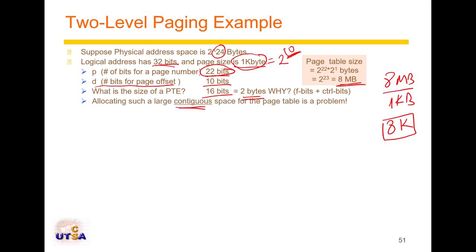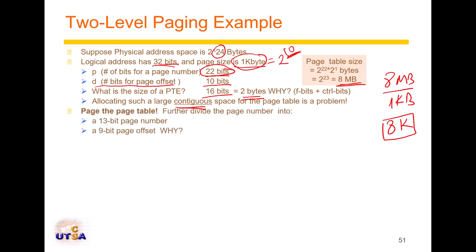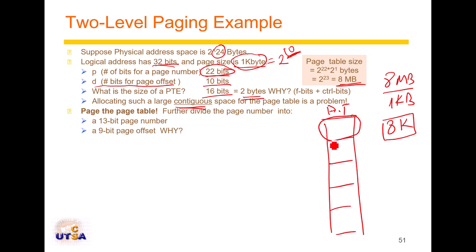Okay, what did we say? How can we solve that problem? We said we can solve this problem by paging the page table. So basically here you have a single, very large page table. But instead of storing that in a contiguous manner, we can divide that page table into pages. And since our pages are 1 kilobyte, I need to make sure that this is 1 kilobyte, this is 1 kilobyte, this is 1 kilobyte, etc. Okay.